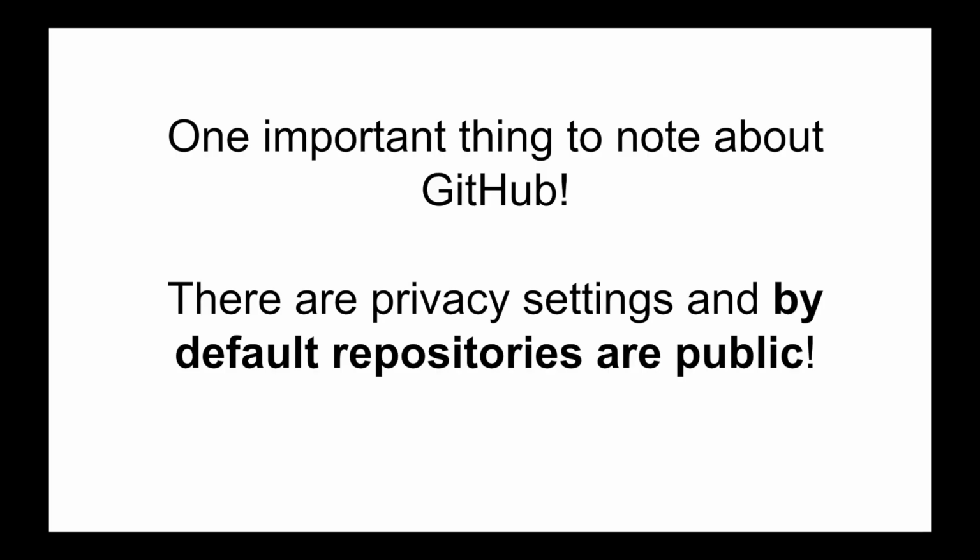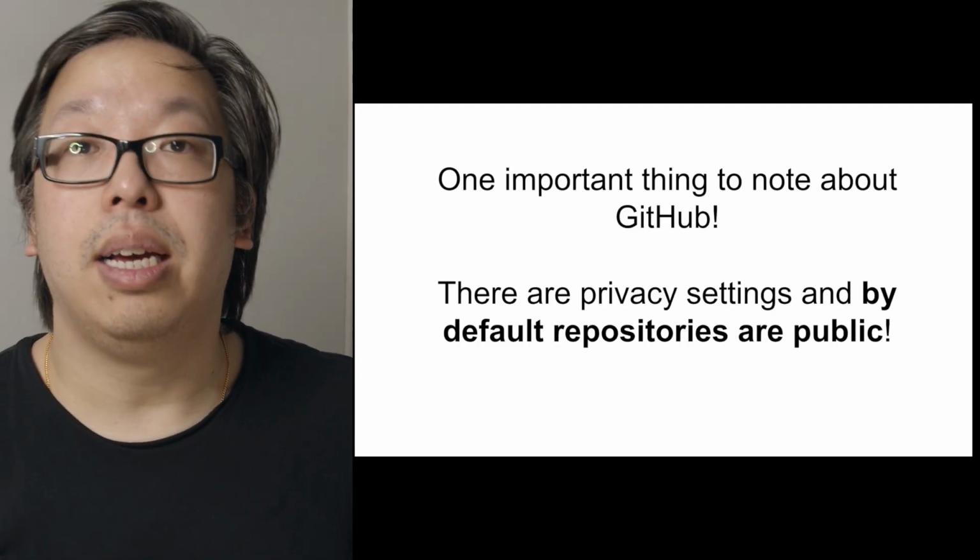Now, one last thing to note about GitHub before we go on is that I want you guys to know that GitHub by default is public. So what that means is that any code that you put up there is public.